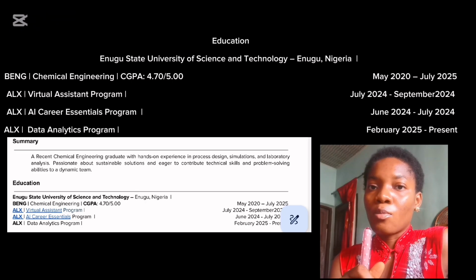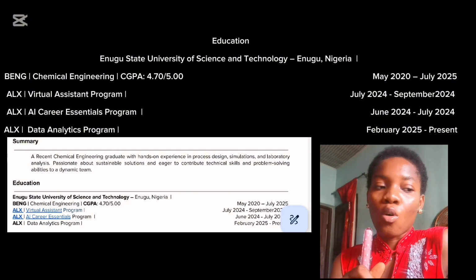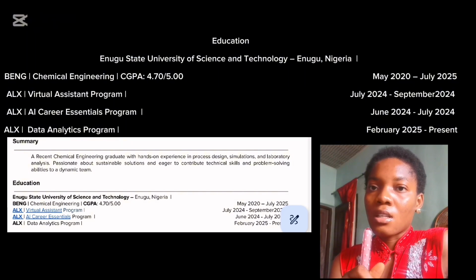And then, for example, we are using Covenant University. Highlight Covenant University, make Covenant University bolded. If you are studying chemical engineering, put Covenant University BEng, the certificate you are getting from Covenant University and the course you study.